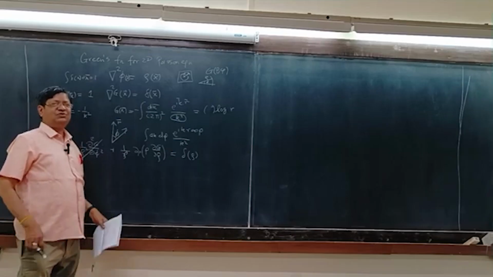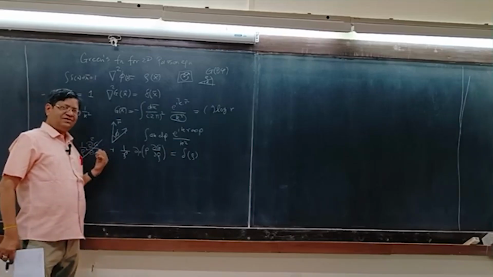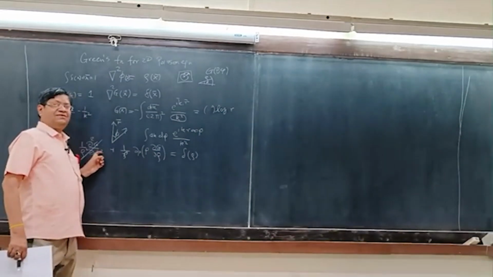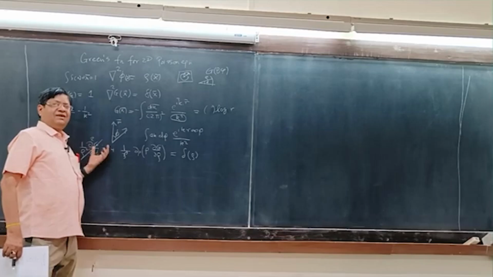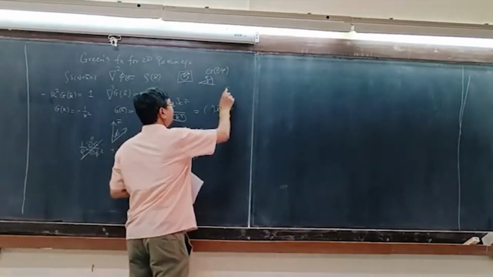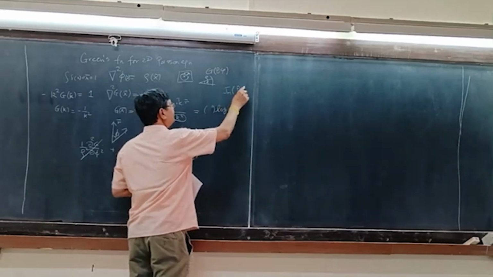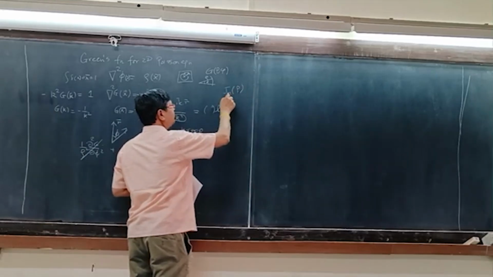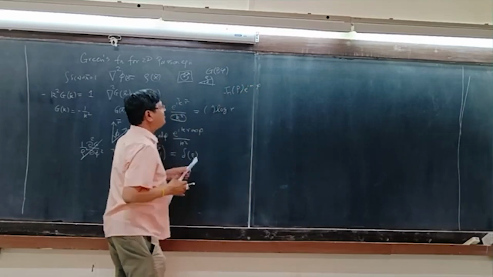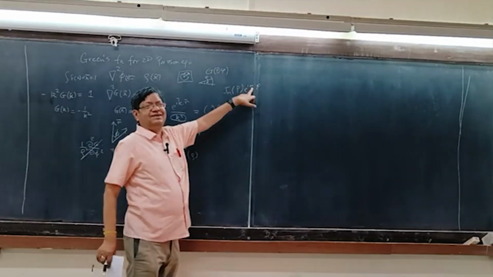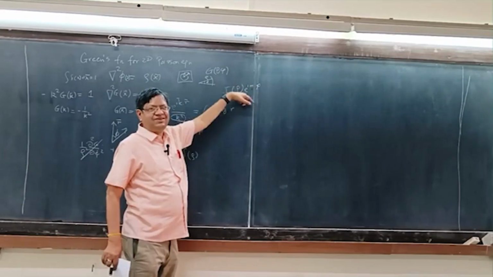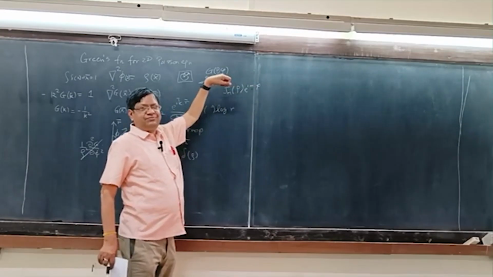If you are interested, you should look at your mathematical physics notes or book. This gives you m squared. In general the Bessel function is written as J m of rho times e to the power i m phi, and this m comes from the azimuthal modes: sine phi, sine 2 phi, sine 3 phi, like that.